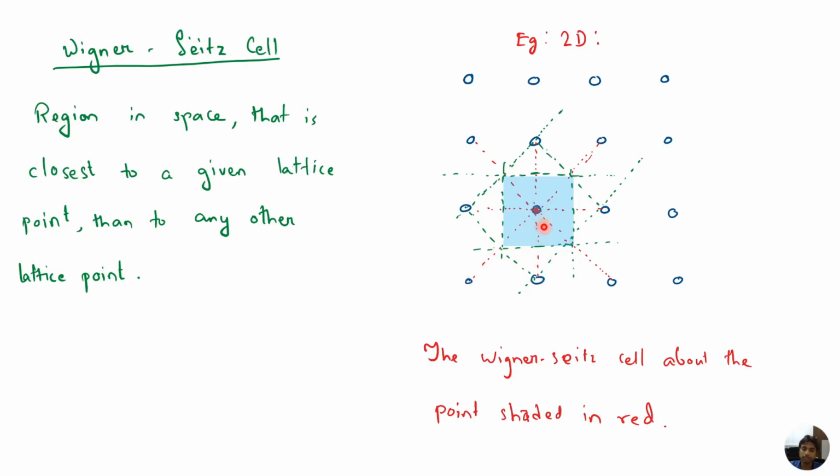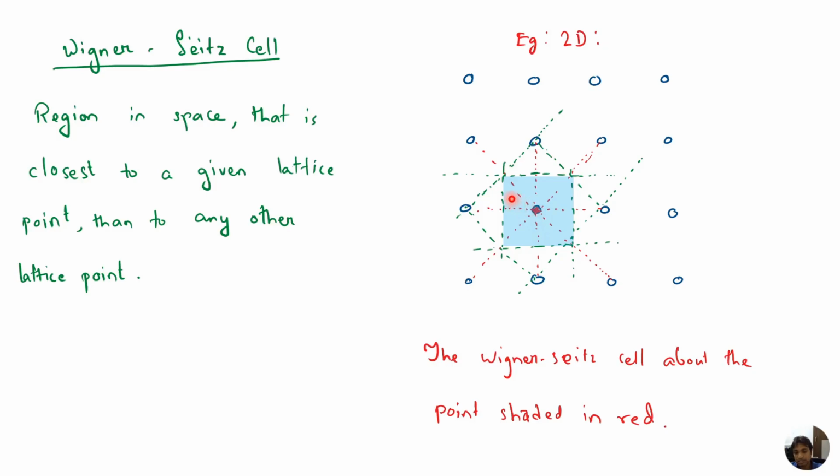Now let us take these two points. What is the region in space which is closer to this point than to this point? You take a perpendicular bisector to the line joining these two points, and the region which is on this side is the region which is closer to this point, right?